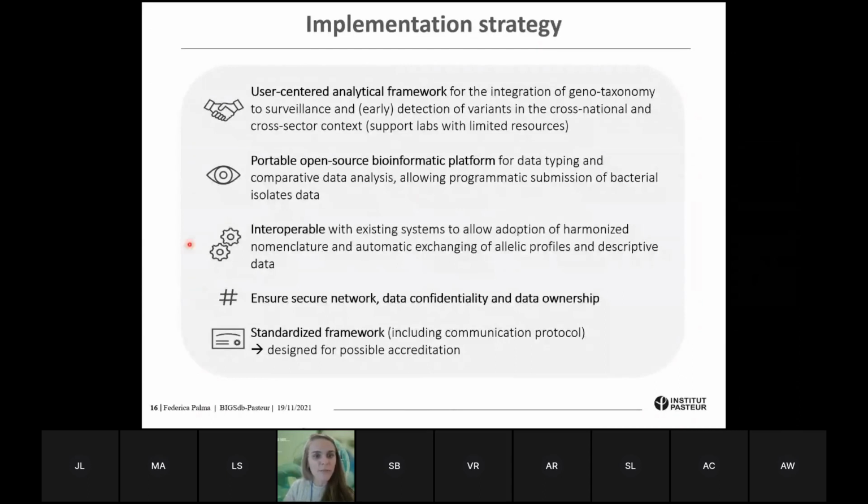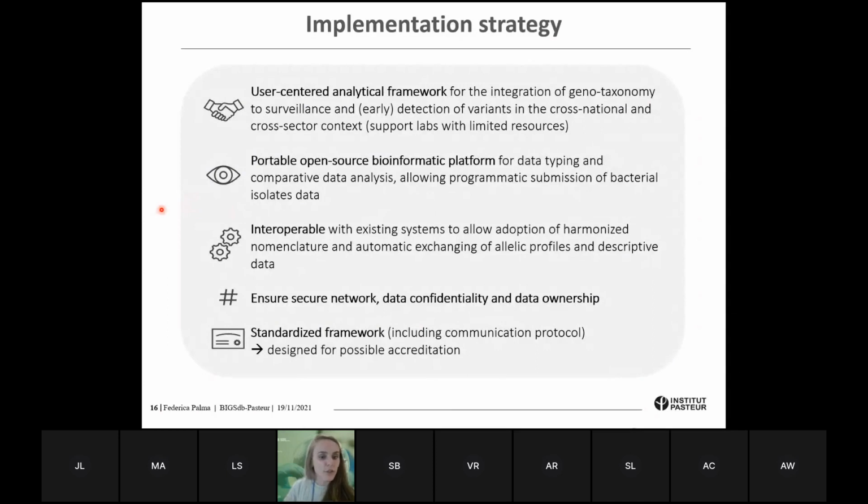The platform is fully open source and open access, and allows programmatic submission of data, and it's also interoperable with existing systems to enable the adoption of a harmonized nomenclature, and also for automatic exchange of data.